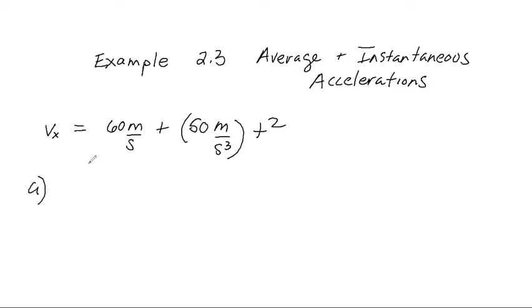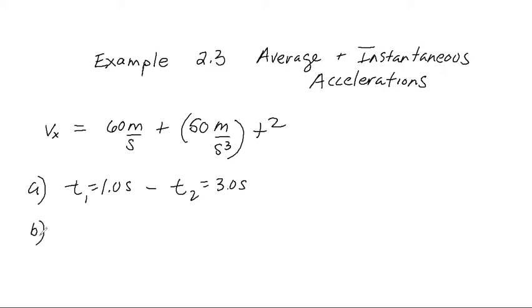All right, we need to find the change in the x velocity of the car in the time interval from t1 equals 1.0 seconds to t2 equals 3.0 seconds. So we need to find the change.